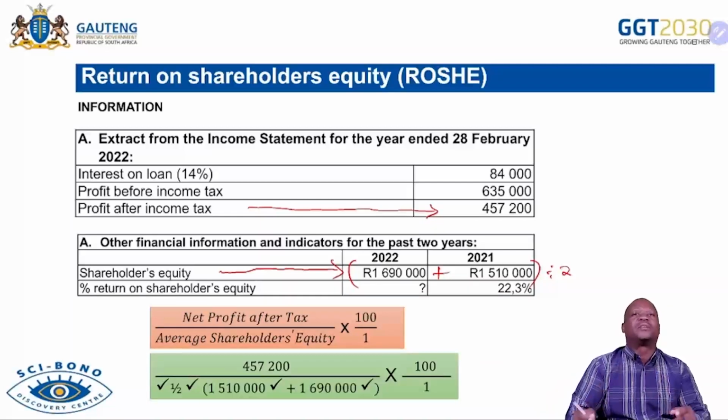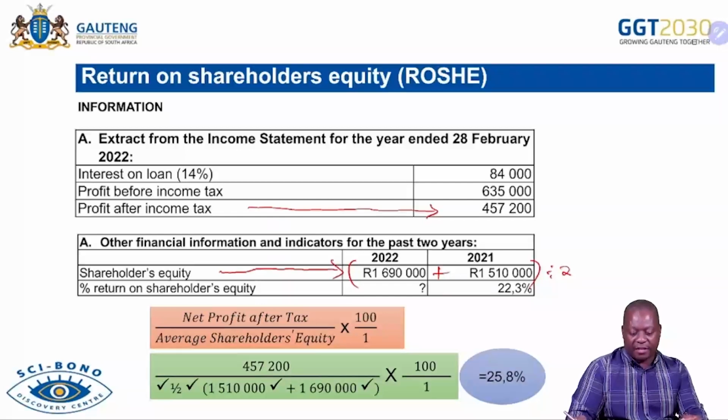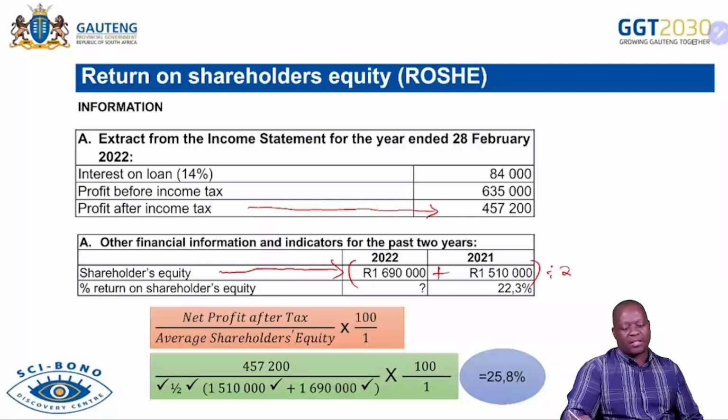So always remember, it's not always multiplying by 100 to get a percentage. And the answer here is 25.8%. So that is the return on average shareholders' equity, ROSHE.